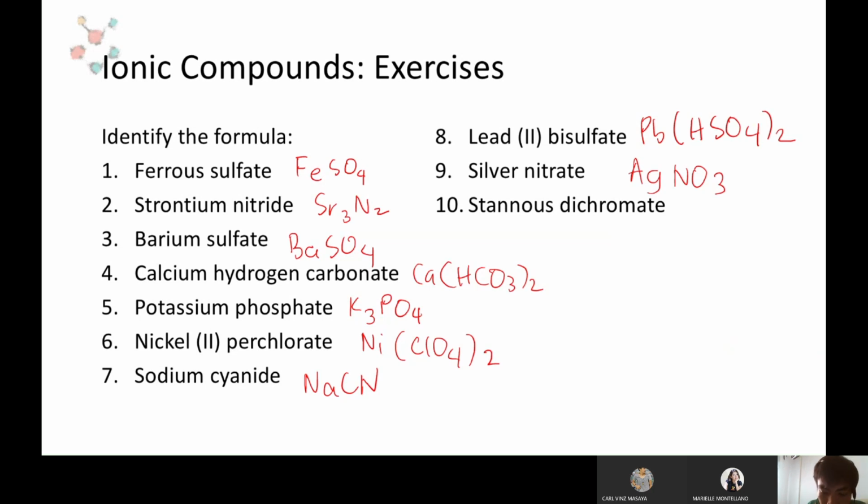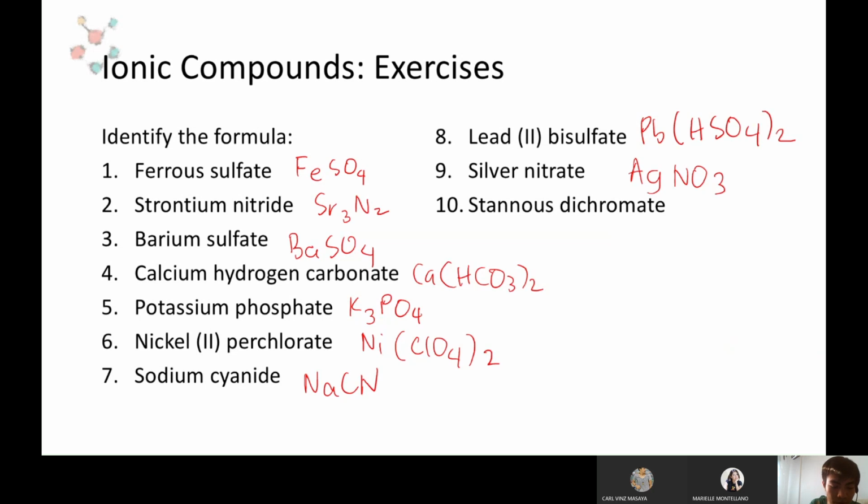Stannous dichromate, no? So, ano yung stannous dichromate? Ibig sabihin, dalawa yung charges na napo-form yan, no? So, when we look up, ang meaning ng stannous ay tin(II), Sn2+. Ang stannic, hindi siya satanic, ang stannic, siya naman ay Sn4+, no?